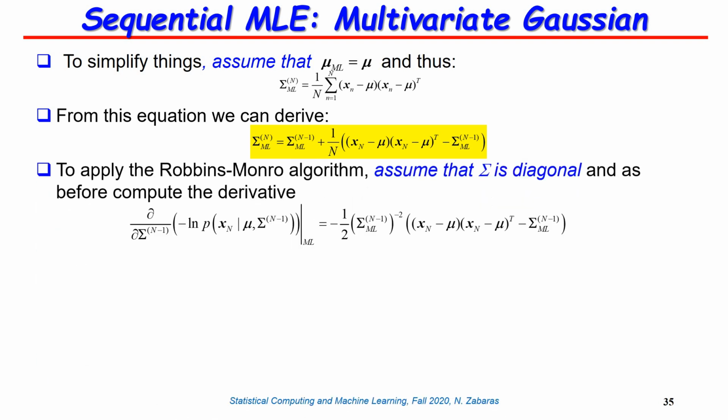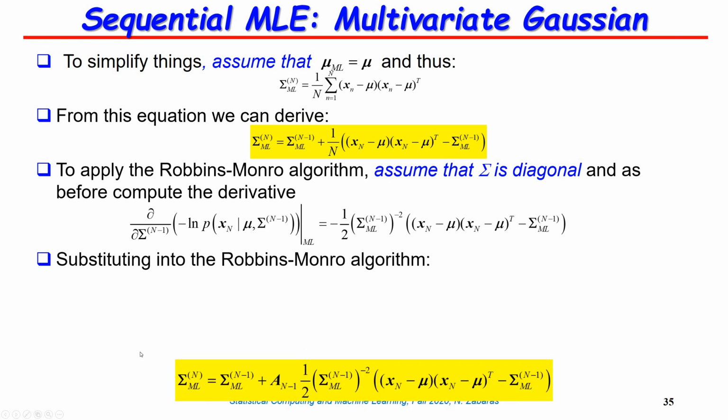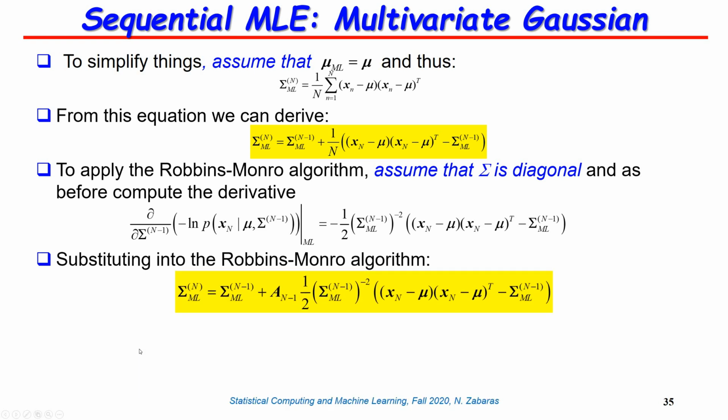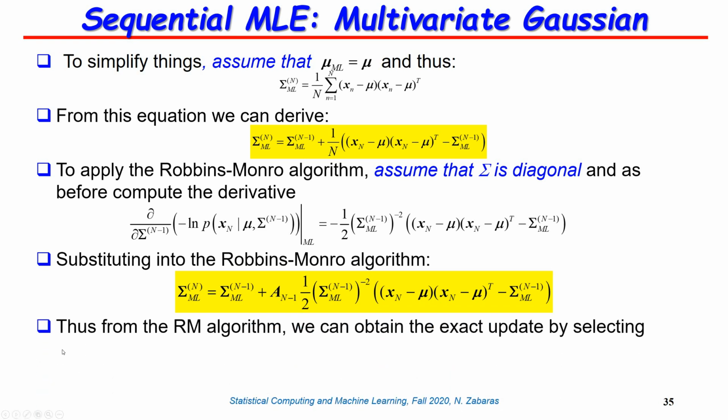When you do this, you get this wonderful expression, and you notice inside parentheses this formula is identical to the exact update formula. And you can make both the Robbins-Monro and the exact update formula equivalent by using a learning rate equal to this expression that you see in the bottom.